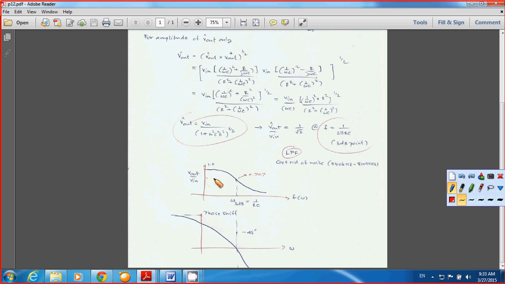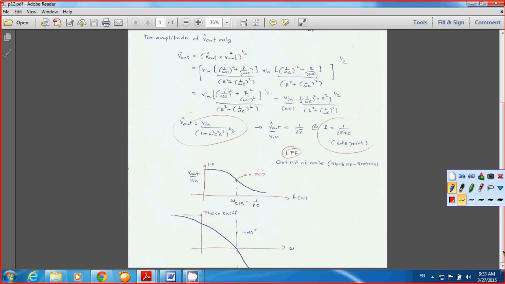That's why the ratio V out over V in becomes 1 over square root 2. And you can find the frequency at this point to be 1 over 2 pi multiplied by R and multiplied by C. Or if you simply look at omega here, your omega just becomes 1 over RC. So that is where you have the cutoff frequency of the low pass filter.